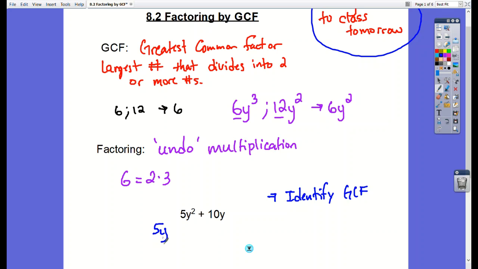All right. So once we've identified it, we then want to write it on the outside of a set of parentheses. Okay? So then we have this set of parentheses.